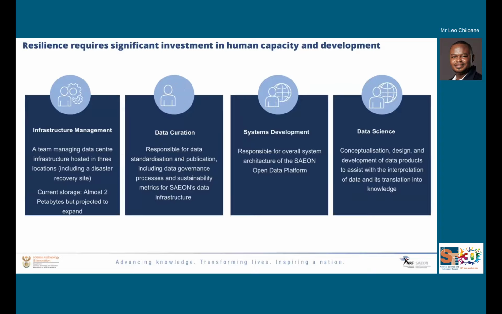Then we've got a data curation team that's responsible for the data standardization and publication, which includes the data governance and sustainability metrics for the infrastructure. Then a systems development team that focuses on the overall architecture of our platform. And lastly, a data science team that builds data products on top of everything that we host. So the conceptualization, design, and development of data products to assist with the interpretation of data and its translation into knowledge.